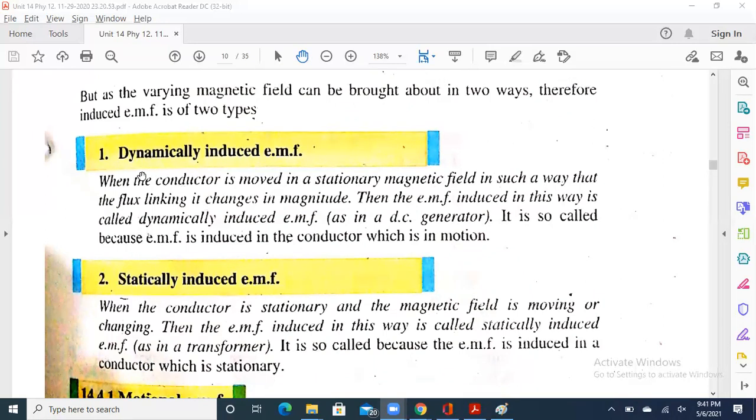So at first, let's see, there are two types. One is dynamically induced, and the other is statically induced.